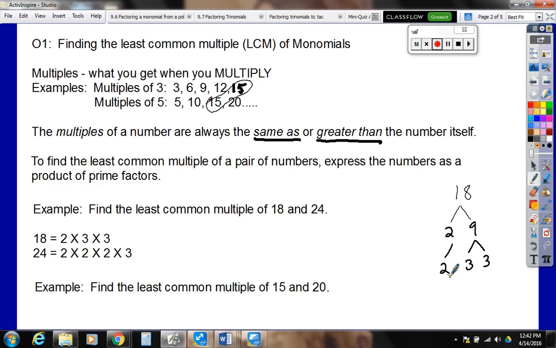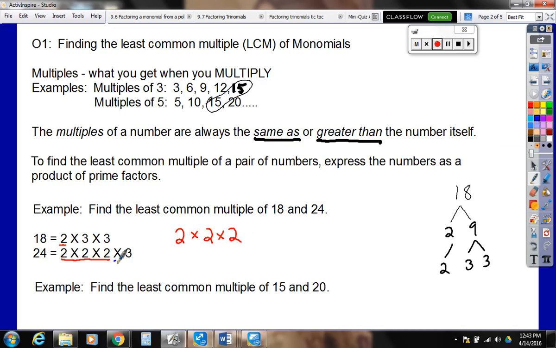24 looks like this. When you're finding the least common multiple, you have to use all the factors of the number. So you're going to use 2 as the first factor, and you're going to look at which number has the most 2's. 24 has the most 2's, so we're going to use 2 three times as a multiple. We're going to do 2 times 2 times 2.